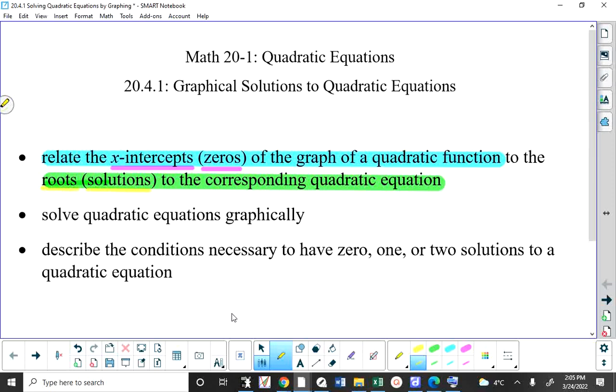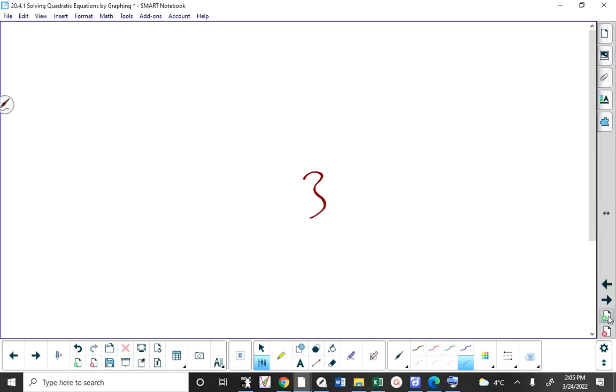A linear equation always has a solution. This is an example of a linear equation, 3x plus 2 equals 0, and I can put any two numbers I want in here, any two numbers in the universe, and that equation will have a solution. There'll be a value of x that makes it true.